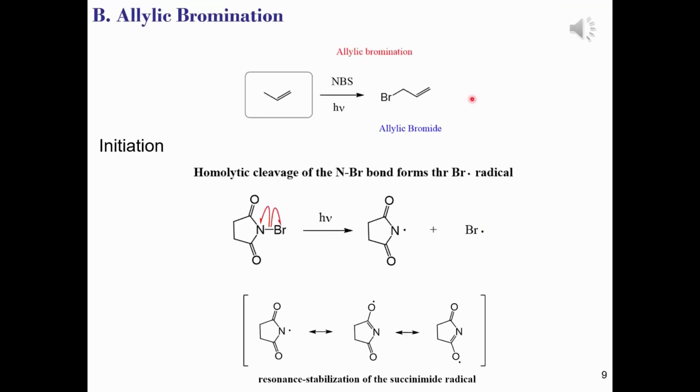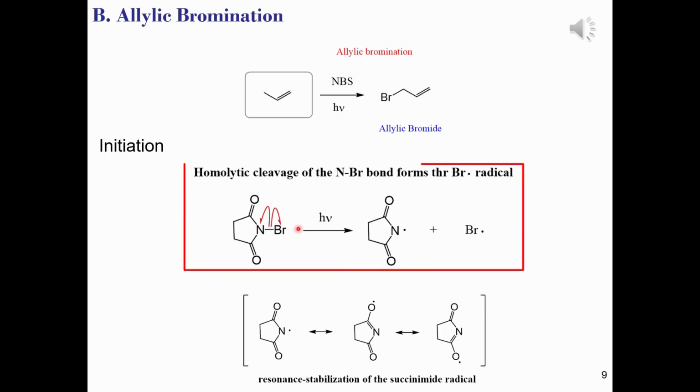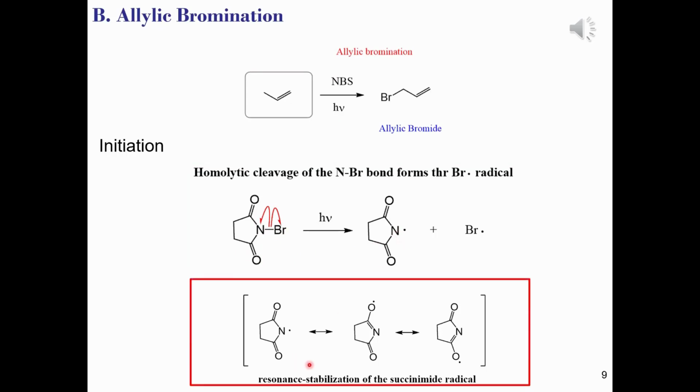Here is an overall reaction scheme whereby propene, the simplest allylic system, is converted to allyl bromide via NBS in the presence of UV light. So in the initiation step, the N-bromine bond of NBS cleaves, and this produces a resonance stabilized succinimide radical, as we see here.